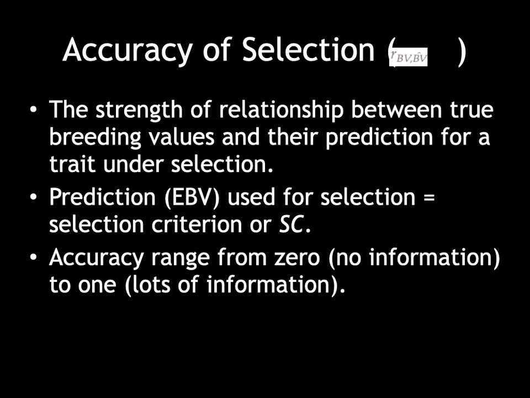So this is actually how accurately we can predict in terms of selecting individuals that we use in the breeding program. So accuracy should be based on the data or history of that particular individual.